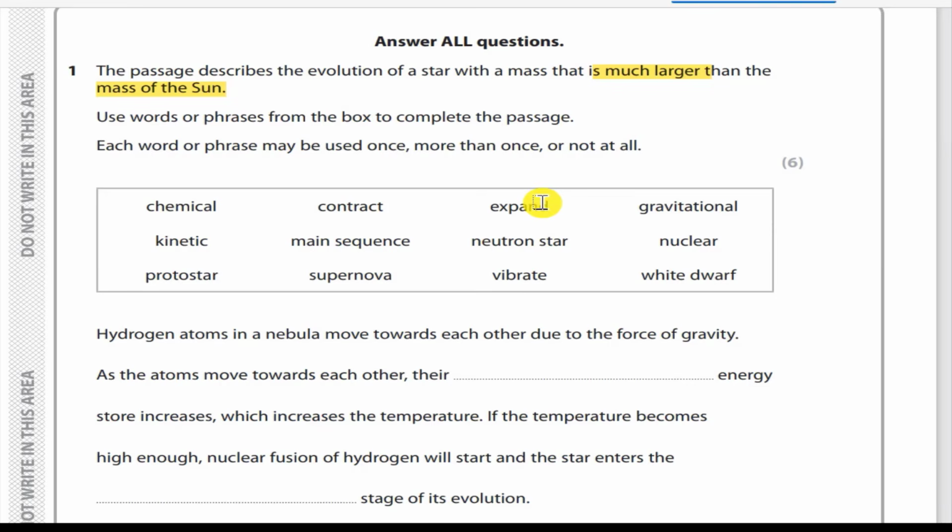Each word or phrase may be used once, or more than once, or not at all. Total marks in this section: 6. Word selection: chemical, contract, expand, gravitational, kinetic, main sequence, neutron star, nuclear, protostar, supernova, vibrate, white dwarf.